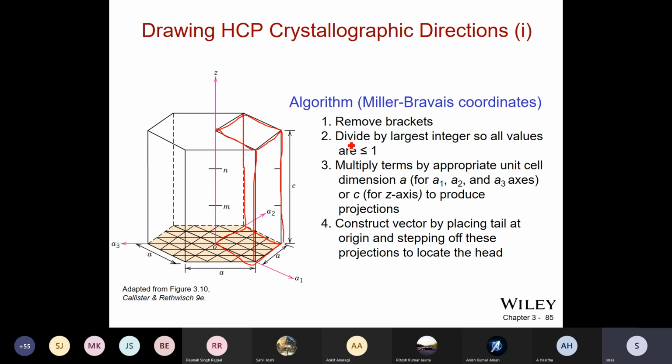So now, instead of Miller indices, they call it Miller-Bravais coordinates, an algorithm for the hexagonal system.